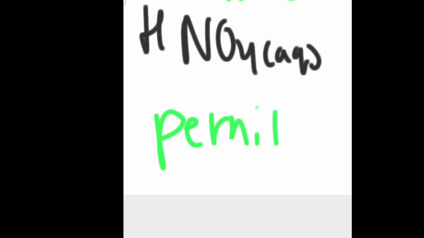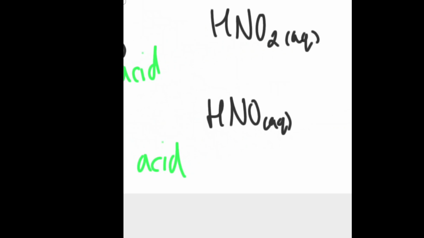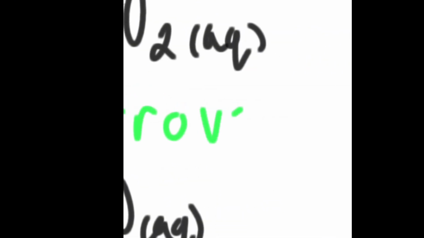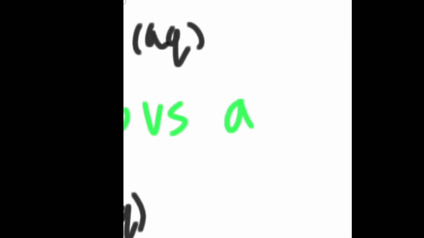Oops. Pernitric acid. Now we have H still, and we have 2, which is 1 less. So this is going to be nitrous acid. Now we have 2 less oxygen, and we still have that hydrogen. You always need that hydrogen, which is now hyponitrous acid.